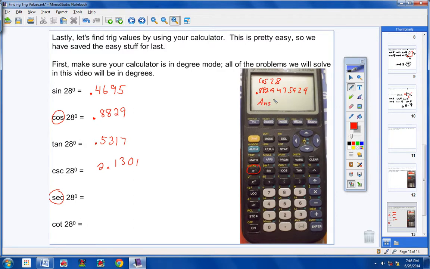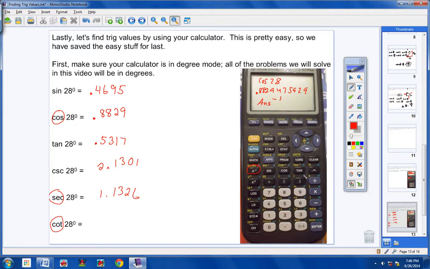Answer to the -1, and then hit enter, and you'll get 1.13257, or in other words 1.1326.